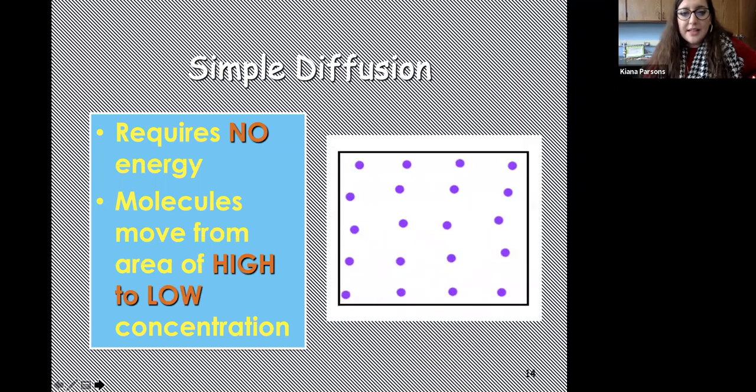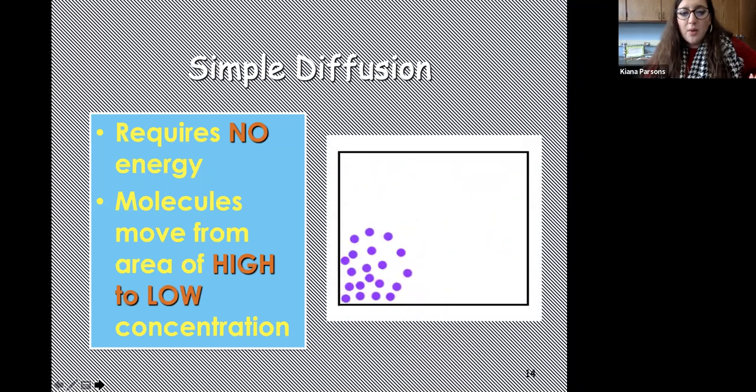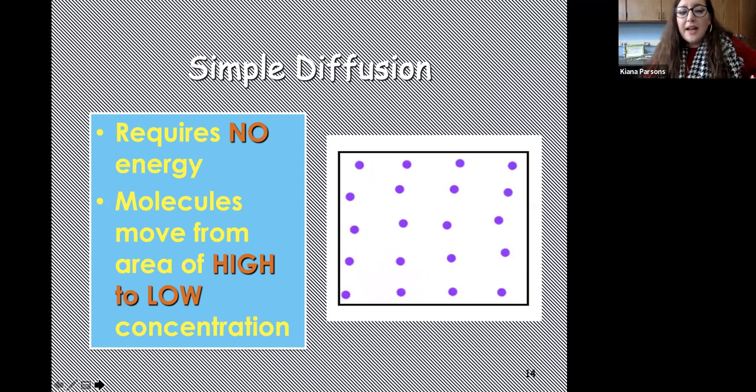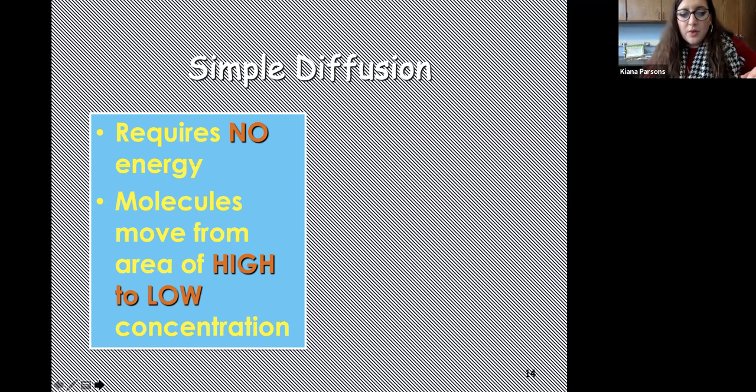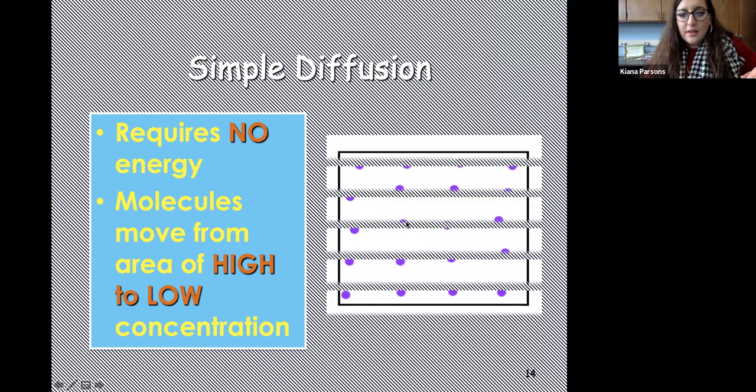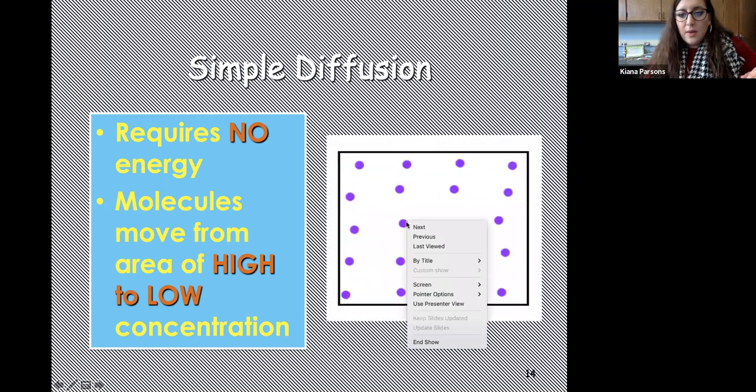And there's another example. Simple diffusion requires no energy. Molecules move from high to low concentration, and it looks a little something like that. At the end of diffusion, the molecules would be evenly distributed. In the beginning they were all here in the corner, and then they distribute over time.